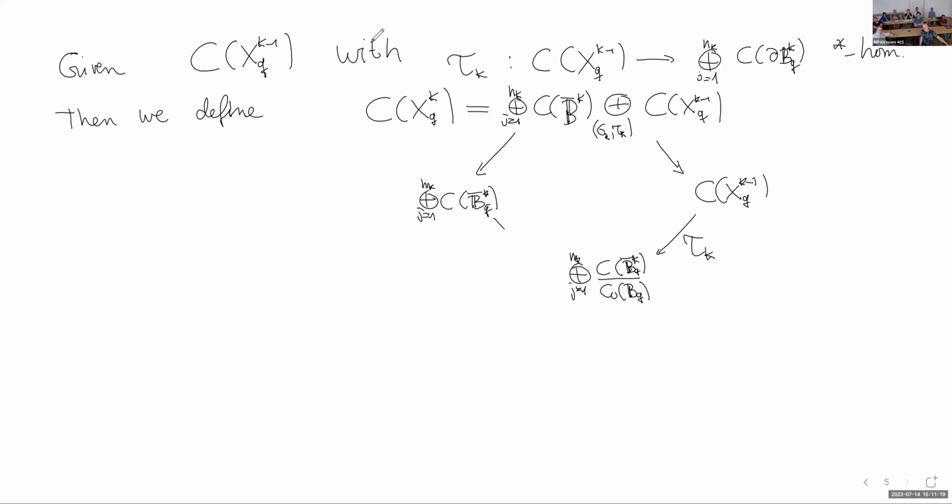And here it's a quotient map. So this is always projected, and then you know this is projected.